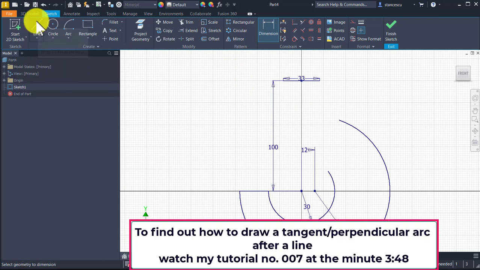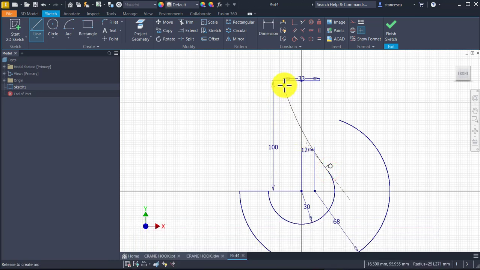Then be careful, I draw a line which is an arc. You know the procedure. Tangent to this left end. Same for here, to this end.